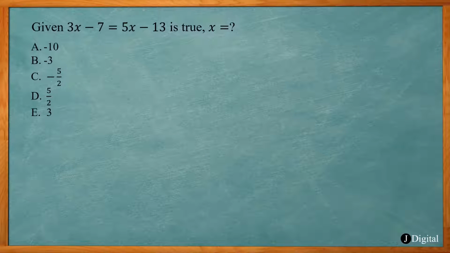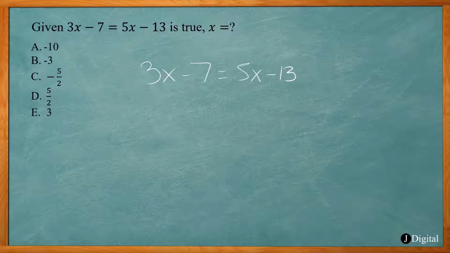Alright, so this one says, given 3x minus 7 equals 5x minus 13 is true, x is equal to what? So again, our goal is to get the x by itself. And you could put in the answer choice and see which one is correct, but if it ends up being the last one, you spent all that time doing it, and maybe you could solve it faster.